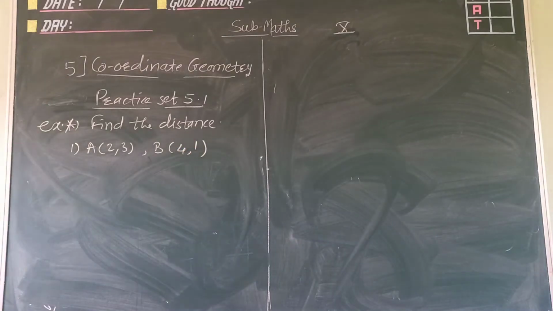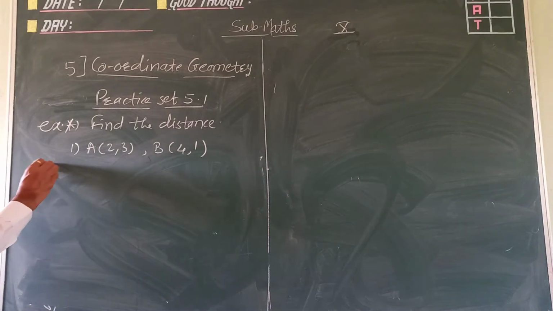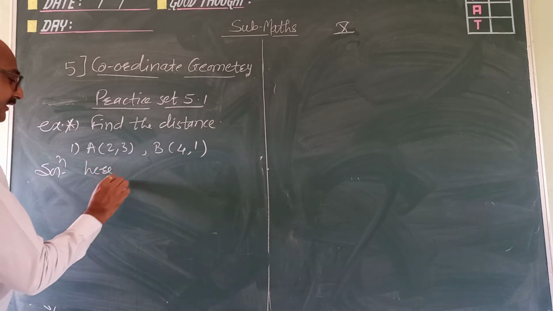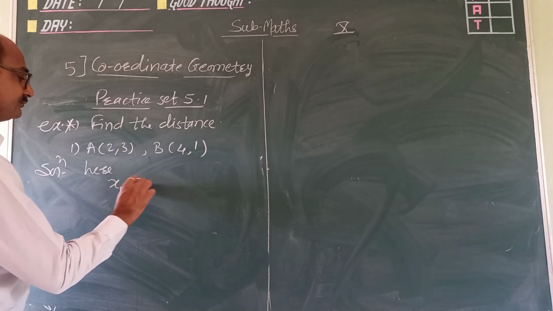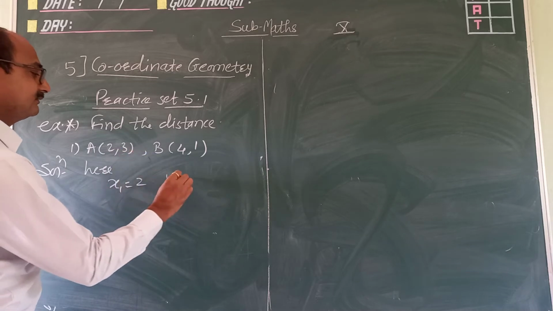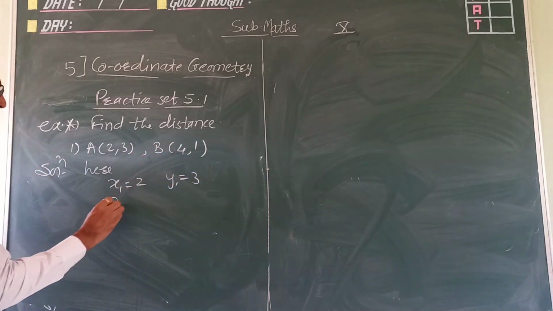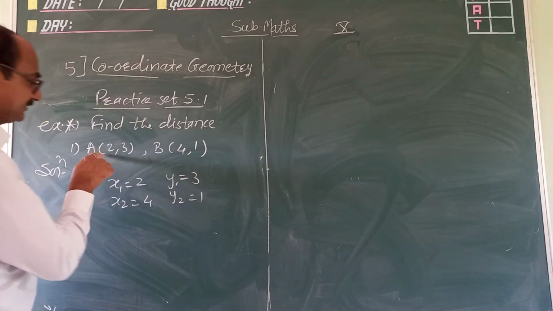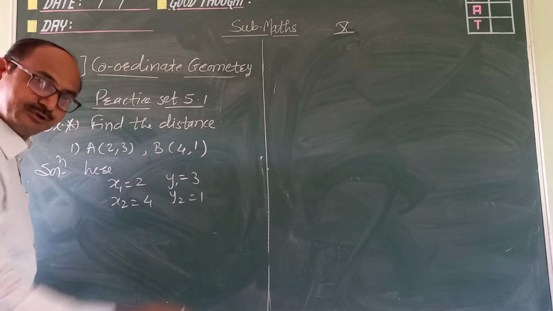So now, here first, you have to write x1, this is 2, y1, this is 3, x2 is 4, y2 is 1. This is x1, y1, x2, y2.